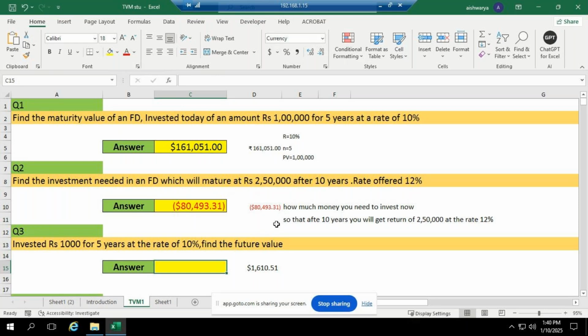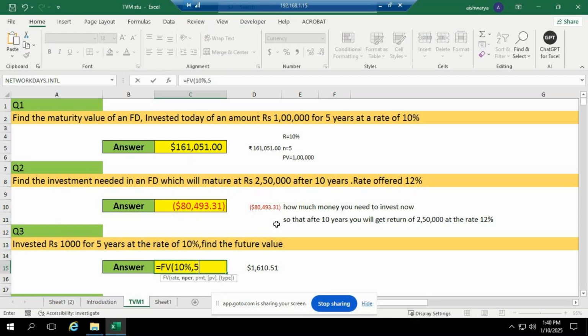So directly let us put here the FV formula: equals FV, open bracket. Then the rate. The rate is 10% only. Then comma NPER, the number of periods, is nothing but 5 years.